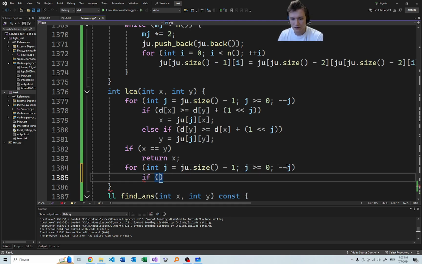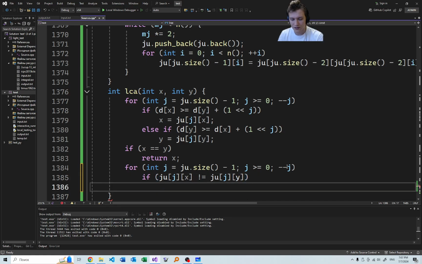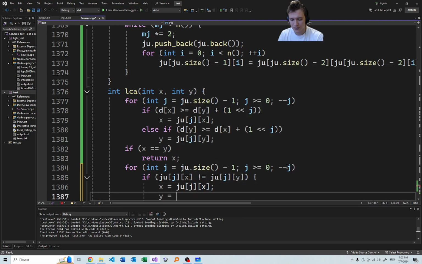And if jump x is not jump y, we say x is jump[j][x] and y is jump[j][y].